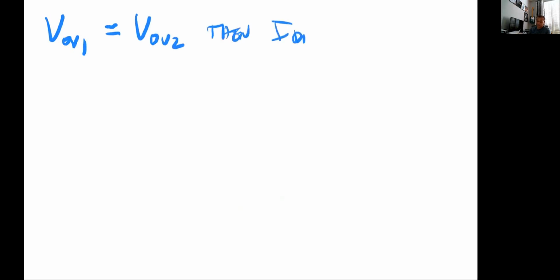Essentially, what that says is that both drain currents are going to be the same, and the differential pair is going to be balanced.